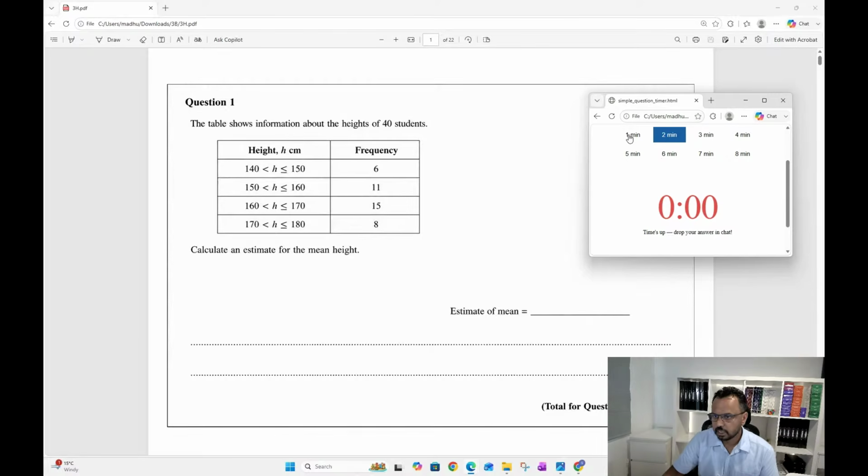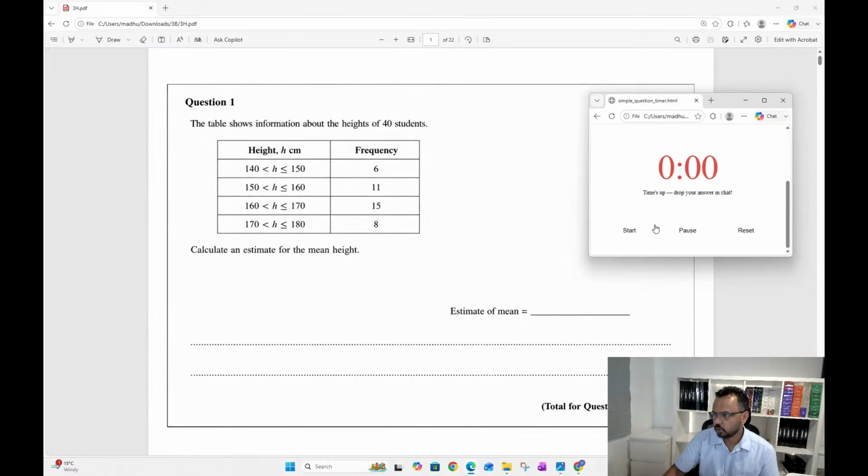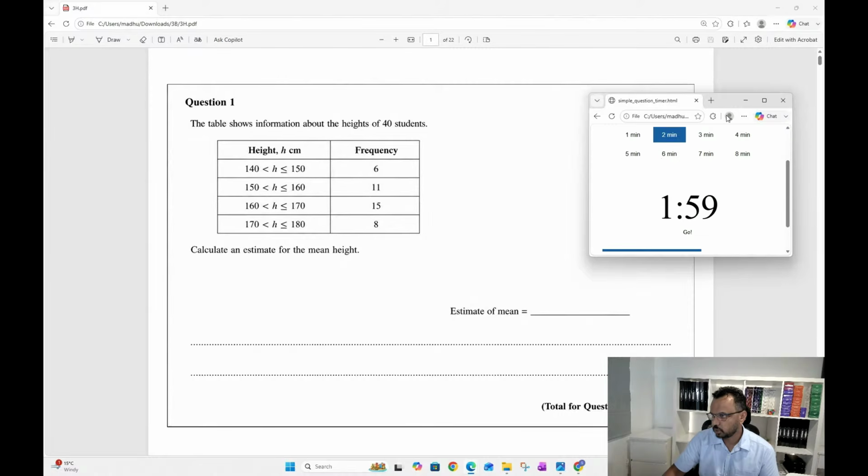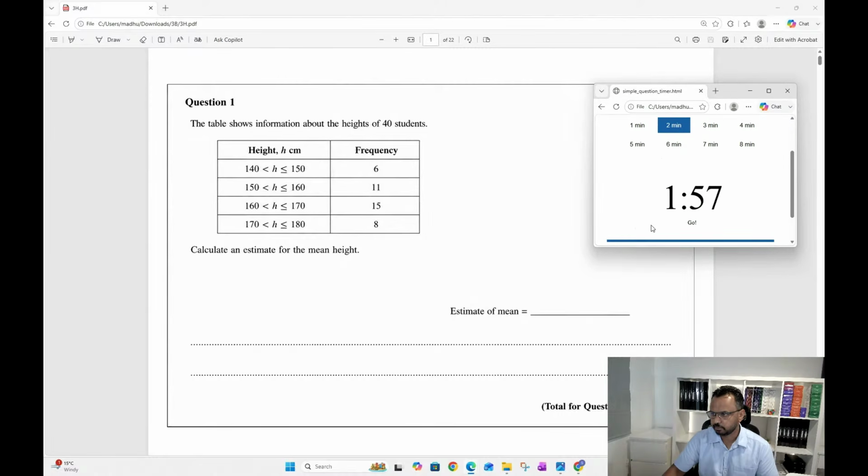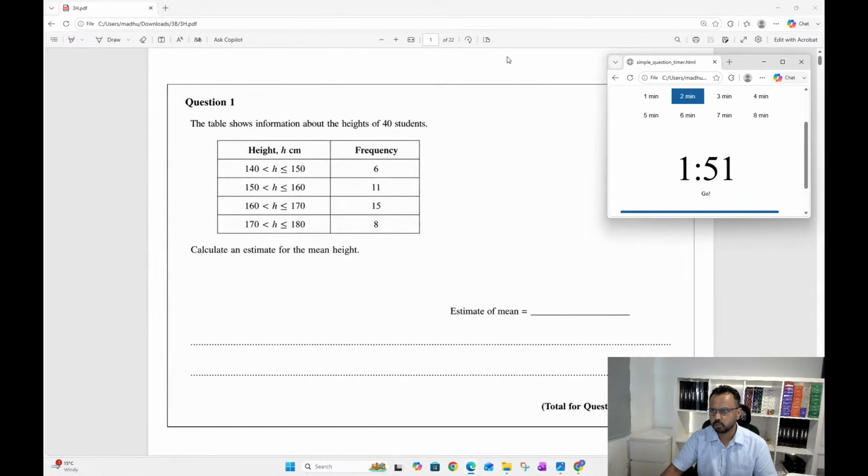This question, I'm going to give you 2 minutes, guys. Let's do this. Question number 1. If you cannot see the question, or if the question is too small, please ask me. I can make it larger. Is that large enough, guys?